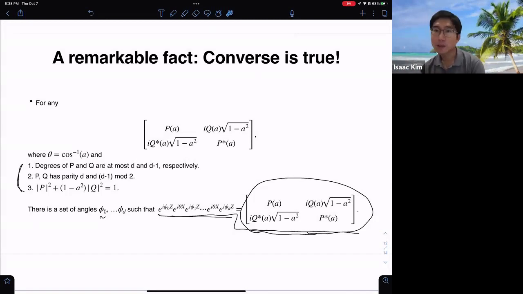And for the most part, they are okay because you end up not having to worry about Q of A. It suffices to just think about P of A, and Q of A will end up being some junk that we don't care about. So in that sense, it's pretty powerful.